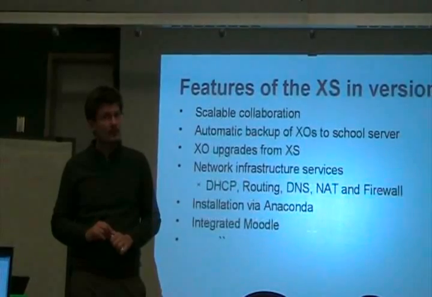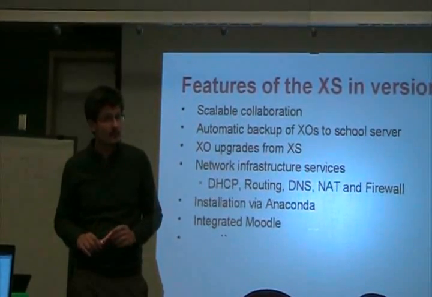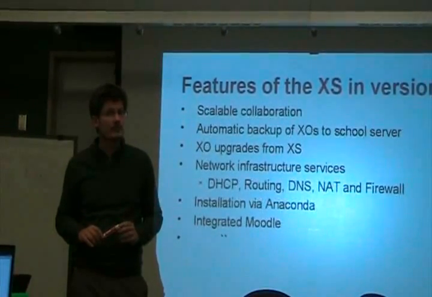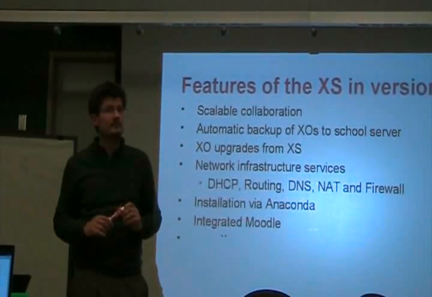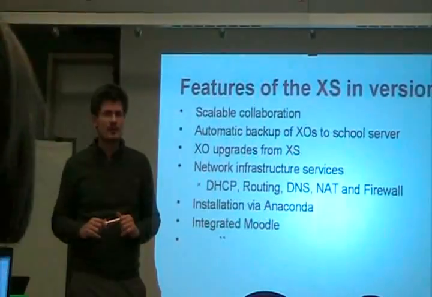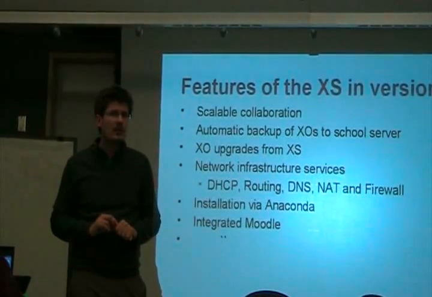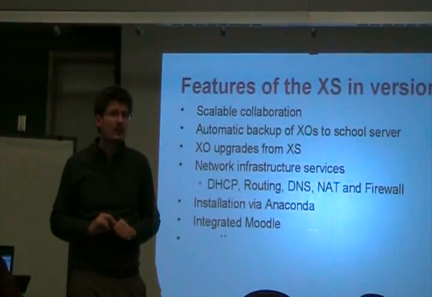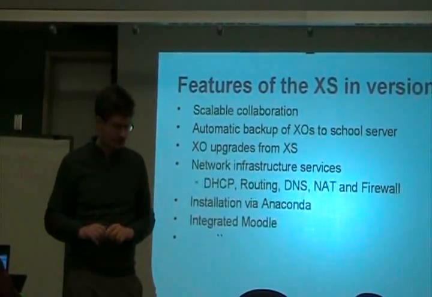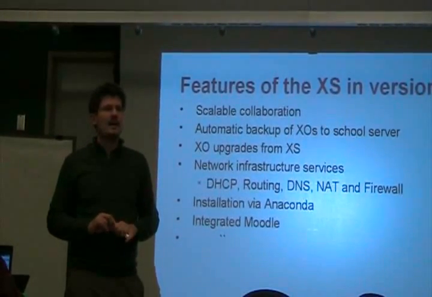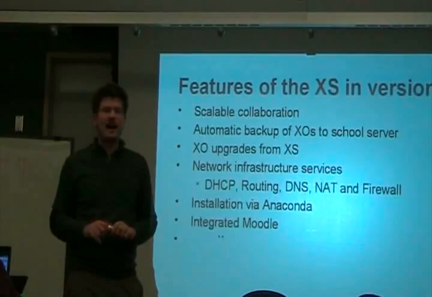If you've got a connection to the internet, you should connect to updates.laptop.org, and it will tell you whether or not you should use a school server. If you don't have a connection to the internet, go ahead and lie about DNS, because you're going to do a better job of resolving those than just letting those things disappear in the black hole. I'm not sure about the first point.